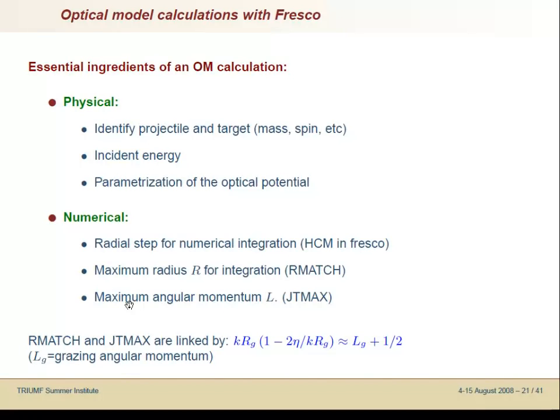Okay? So this is the R match, the matching radius. At this radius, Fresco will make this matching between this numerical solution and this analytical solution, these Hankel functions, and with this matching, it will extract the S matrix, and from the S matrix, the amplitudes, and from the amplitudes, the cross-section. So this is the procedure that is followed by the code.